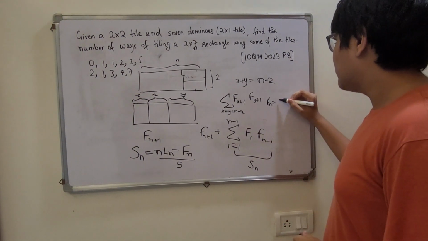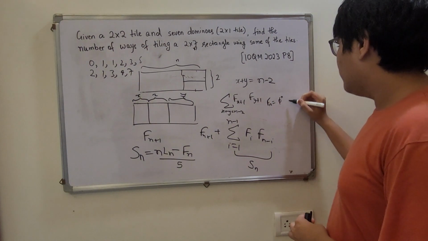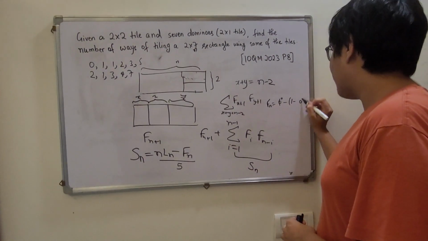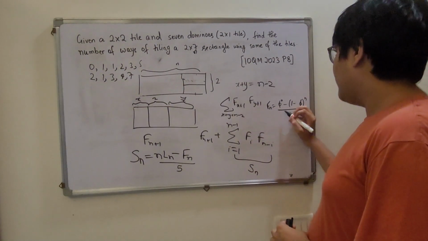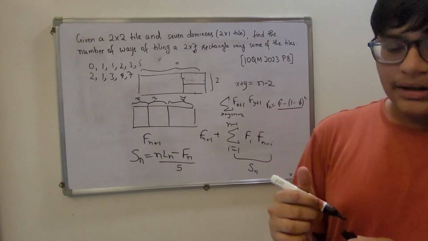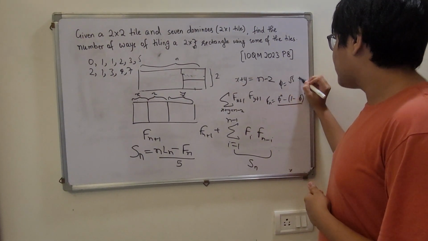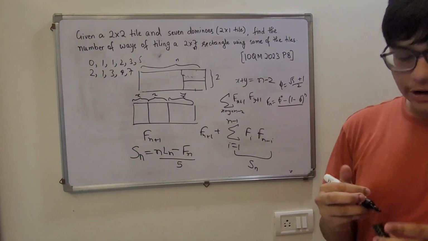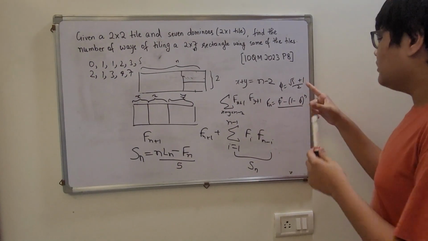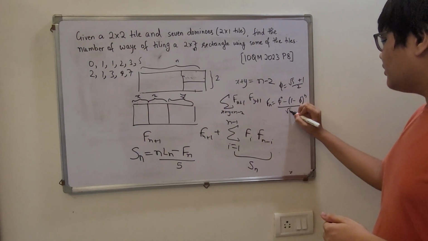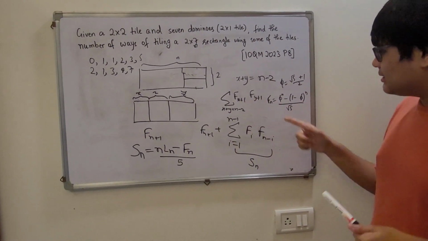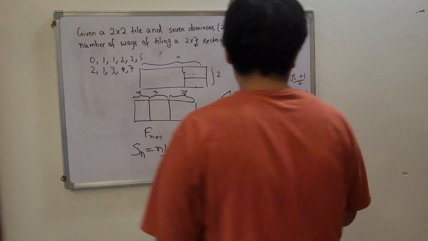And you can prove this relation very easily using the fact that Fn equals (phi^n minus (1 minus phi)^n) divided by root 5, where phi is basically (root 5 plus 1) by 2, also known as the golden ratio. This is called Binet's formula for the Fibonacci series.